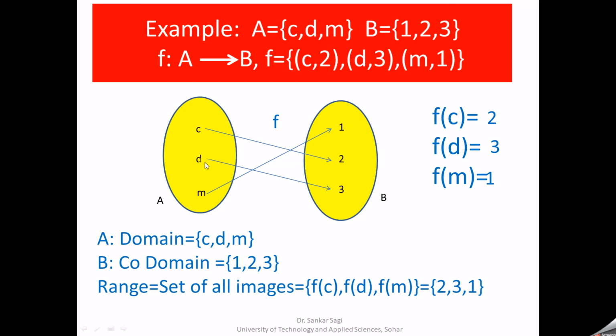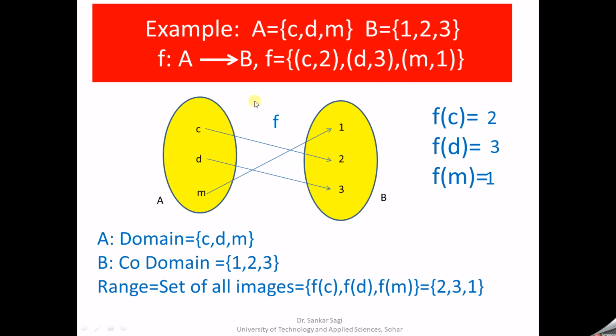And d has only one image, 3. And m has only one image, 1. So all the elements of the first set have images, and each element has only one image, that is a unique image. So this f defined by the set consisting of ordered pairs (c, 2), (d, 3), (m, 1) is a function.